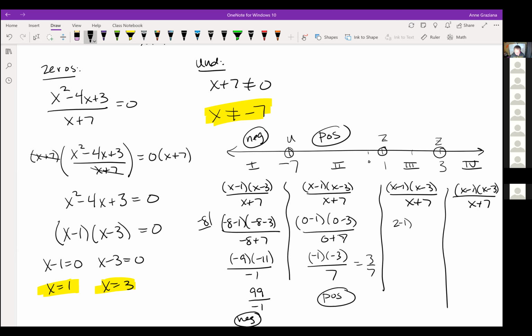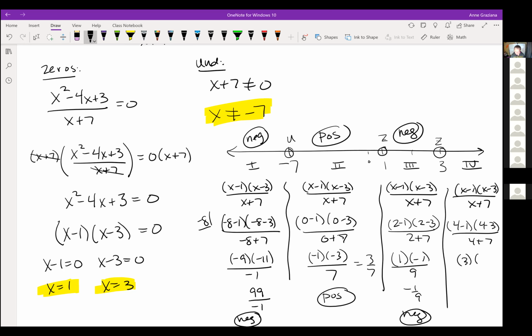So 2 minus 1 times 2 minus 3 all over 2 plus 7, which is 1 times -1 over 9, which is -1/9, so that's negative. And lastly, we'll pick 4. 4 minus 1, 4 minus 3, 4 plus 7. So that's 3 times 1 all over 11. It's all positive. I don't even need to finish that. Any questions about that?